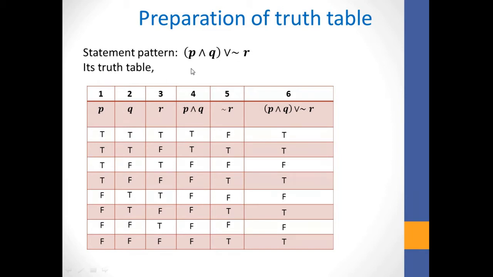Okay, so whenever there are three statements P, Q and R, then we have to make the truth table like this. Means first three columns are fixed, P, Q, then R, and remember the combinations for the values of P, values of Q and values of R.